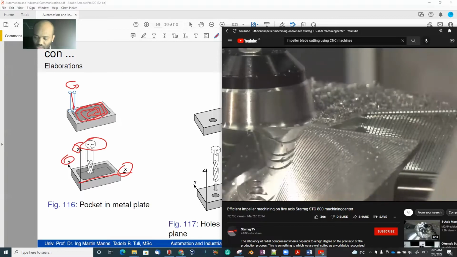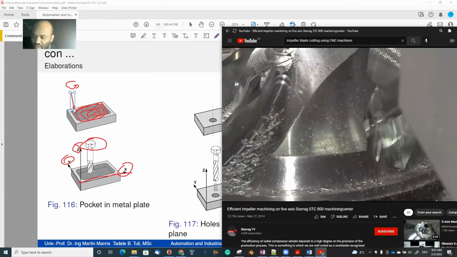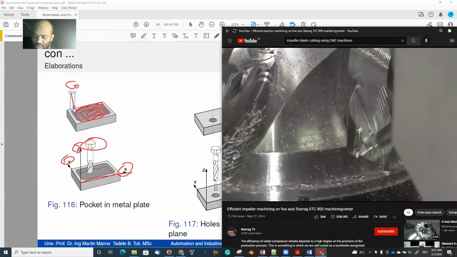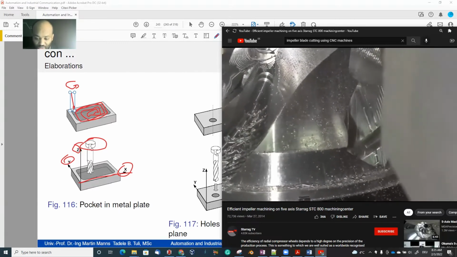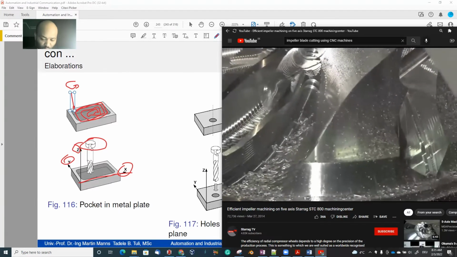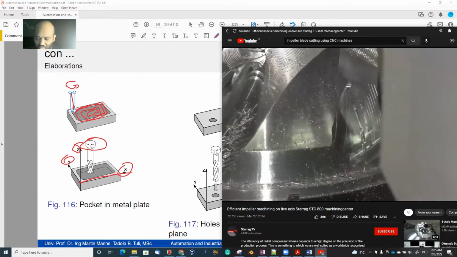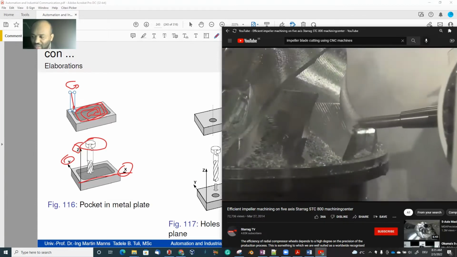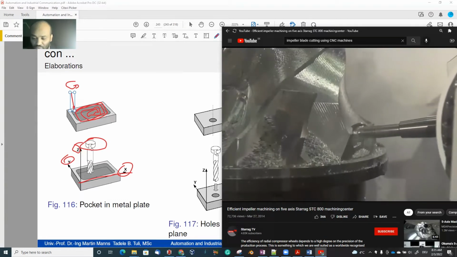First he does some rough operation with large depths of cut, and then finally a finishing operation with small depths of cut but high speed, in order to make the surface very smooth, so you avoid possible friction when the water hits the surface, and there is no loss of energy.